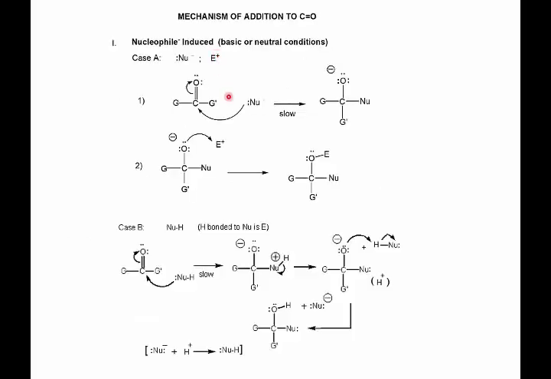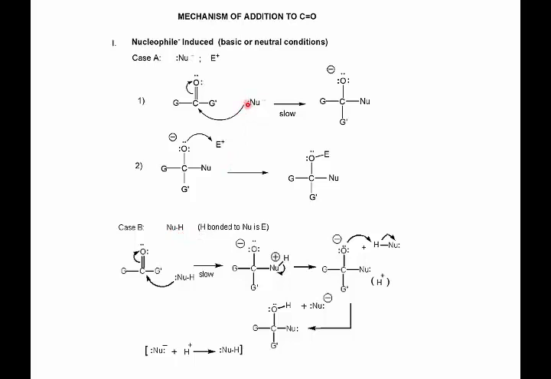All right, first, under base or neutral conditions. What leads the attack here is the nucleophile itself. Now there are two possibilities. A nucleophile could be negative, Nu minus, or it might be neutral, in which case there's a hydrogen attached to the nucleophile. But we'll look at this possibility first.